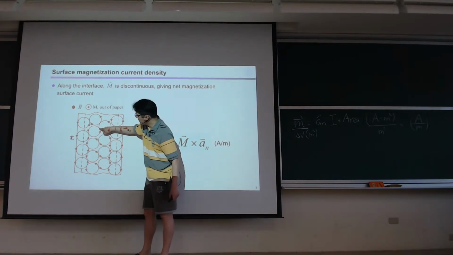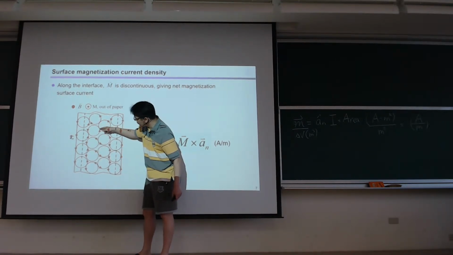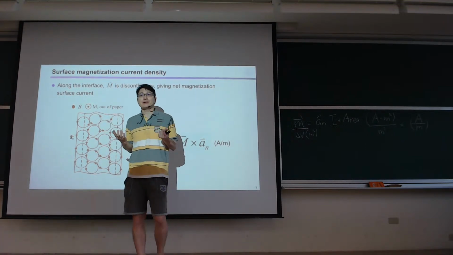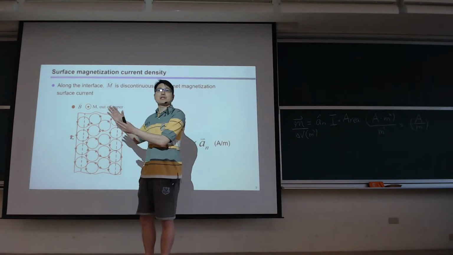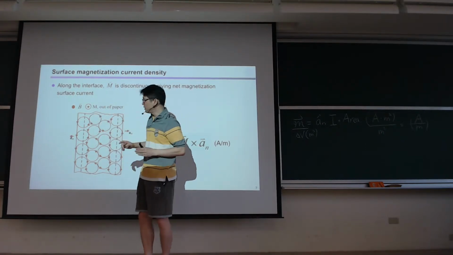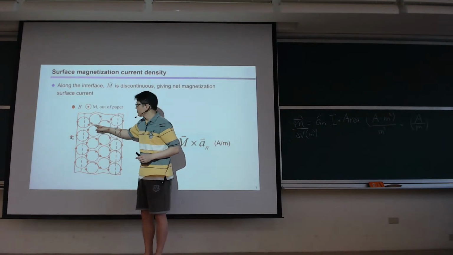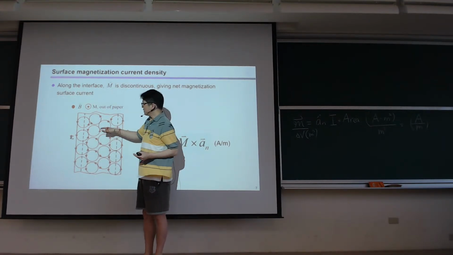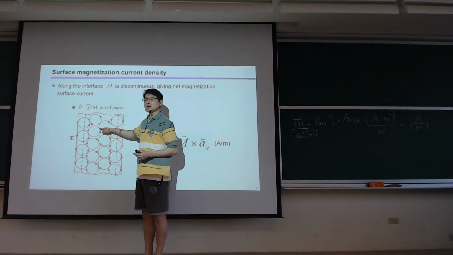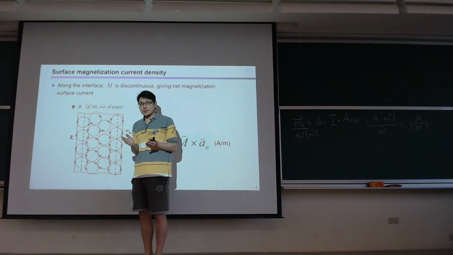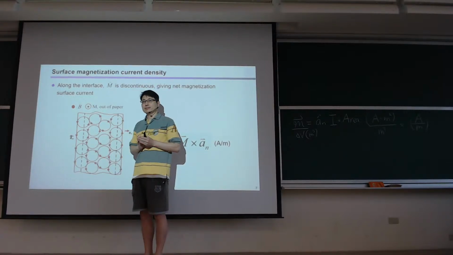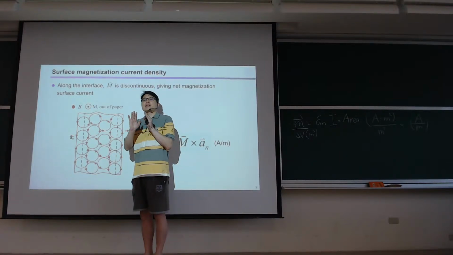But at this point, the contribution of the current from the right loop is pointing downwards, right? And assume this is a very uniform material, the amount of current for this loop is equal to the amount of current provided by this loop. So basically, at this point, the net current is completely canceled out. Okay?